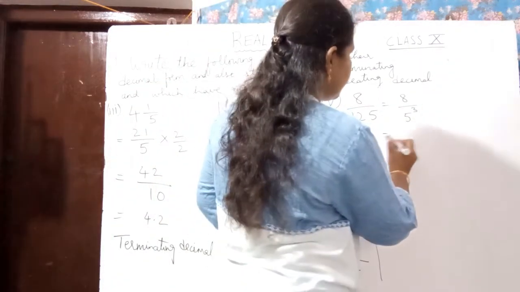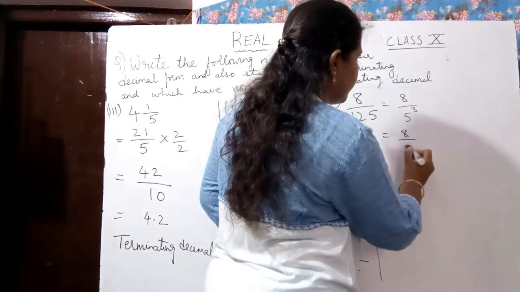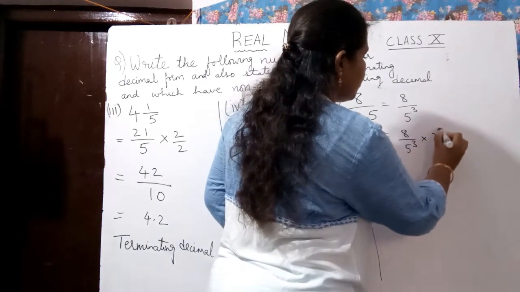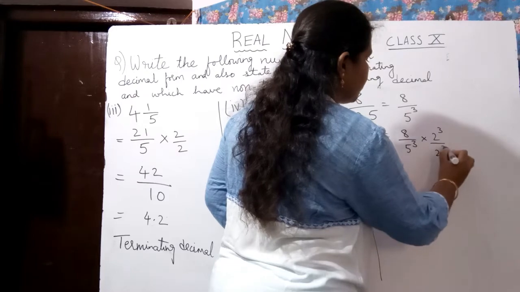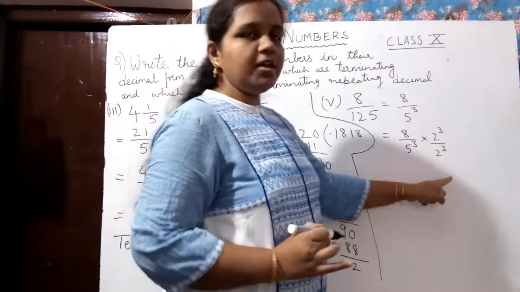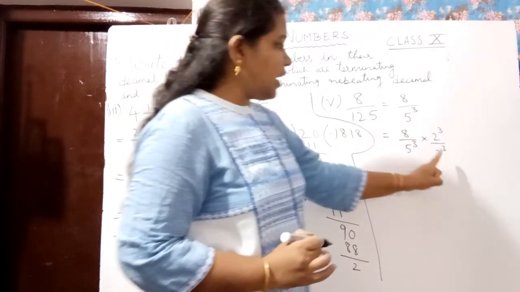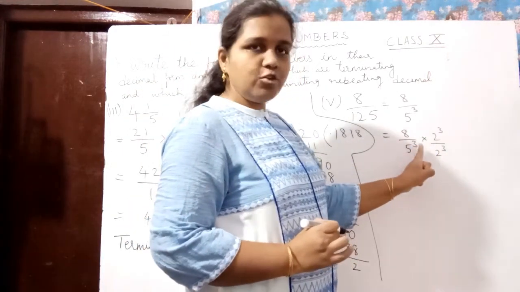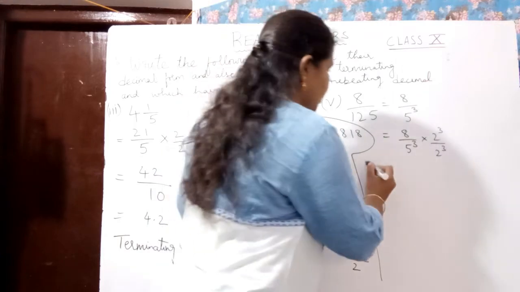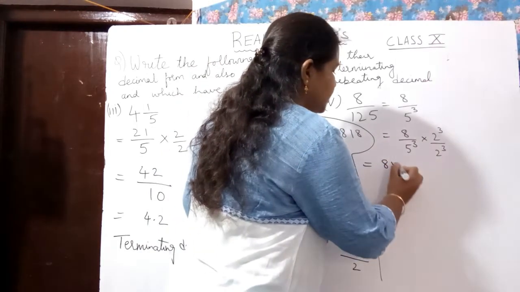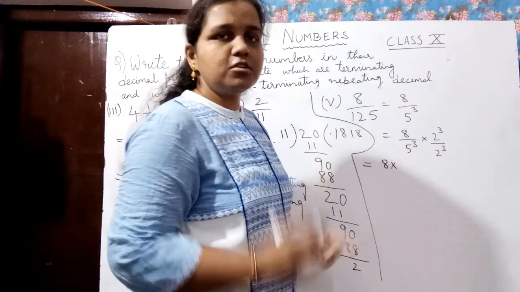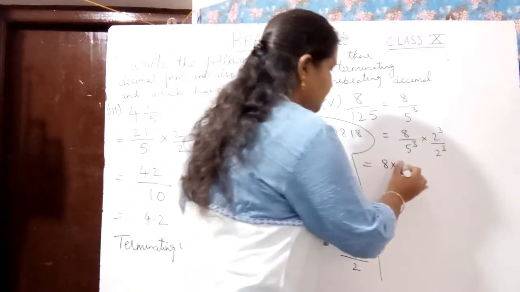So what will you get here? 8 by 5 cube into 2 cube by 2 cube. I am multiplying and dividing by 2 cube so that its value does not change. Why I am multiplying by cube is because I have a cube here. Now in the next step, 8 into 2 cube is nothing but 2 2s are 4, 4 2s are 8.